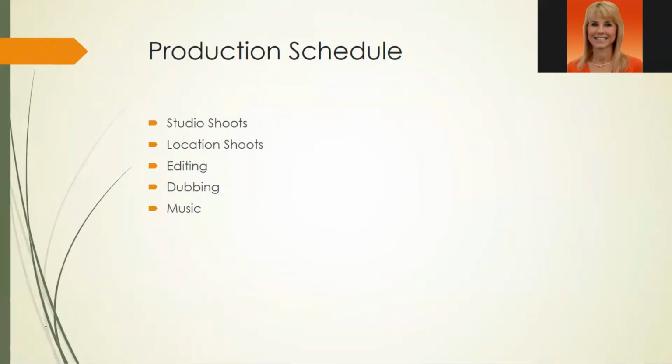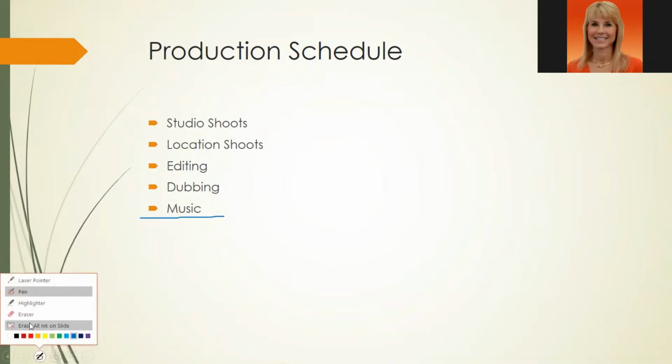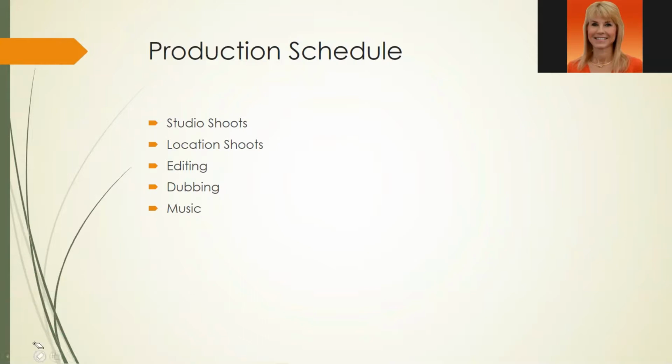Not as easy as it looks. We can even change the color. And when you're done, you can erase all the ink, or you can selectively erase using the eraser. So I could just kind of click, and that would erase whatever I selected.